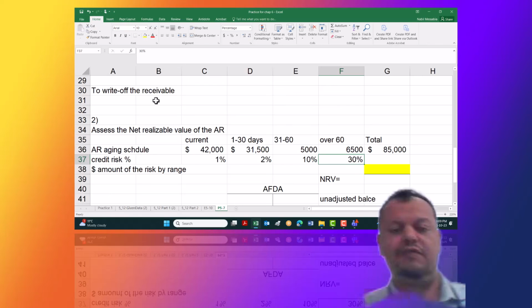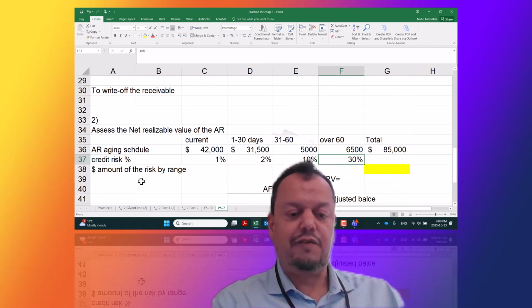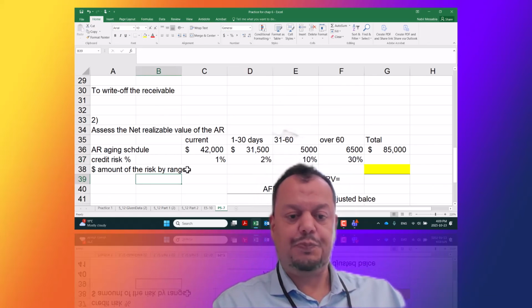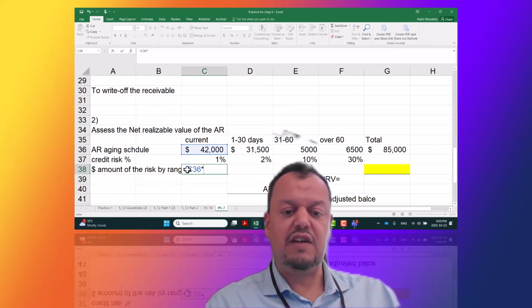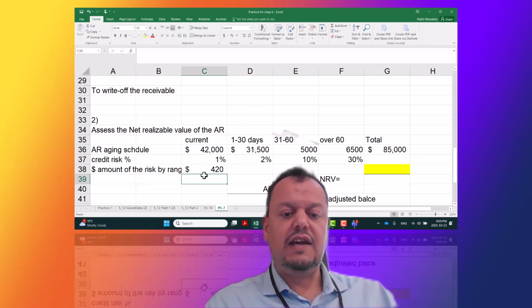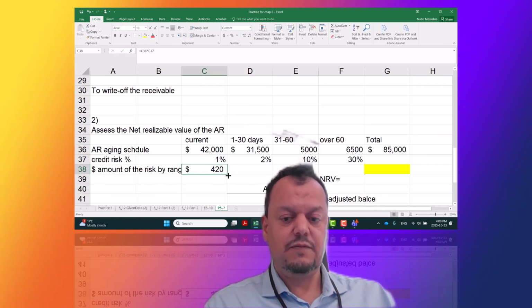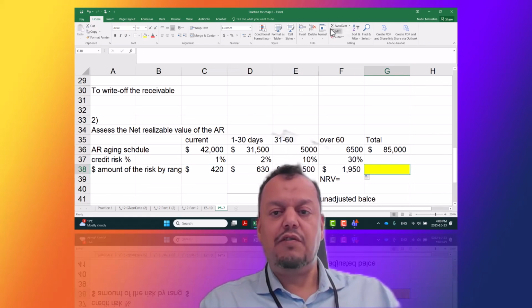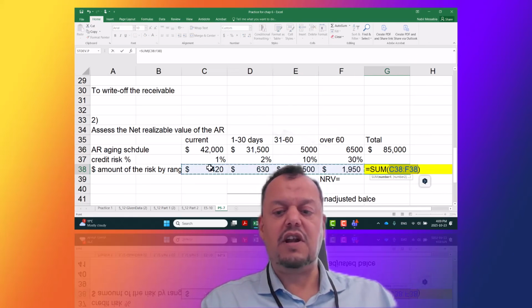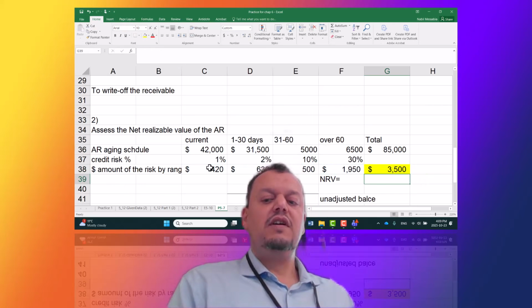So the first tranche, 42,000 multiplied by 1%, and I keep doing this until I get the total dollar amount of the risk.